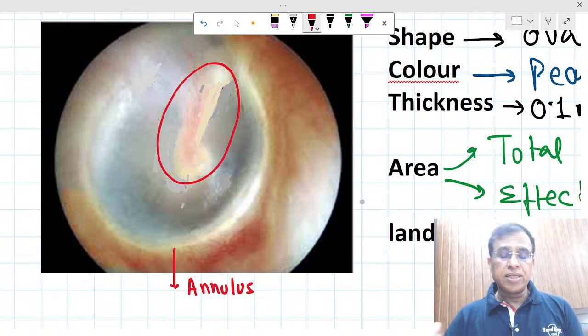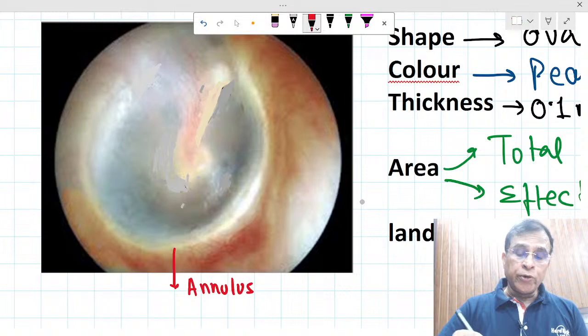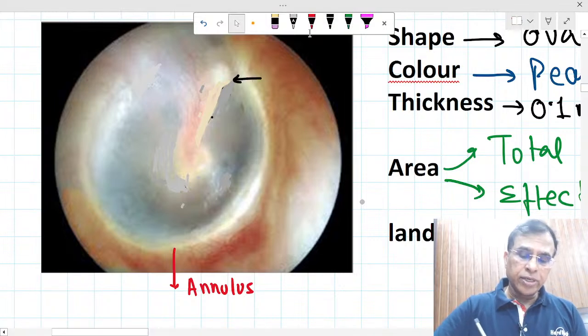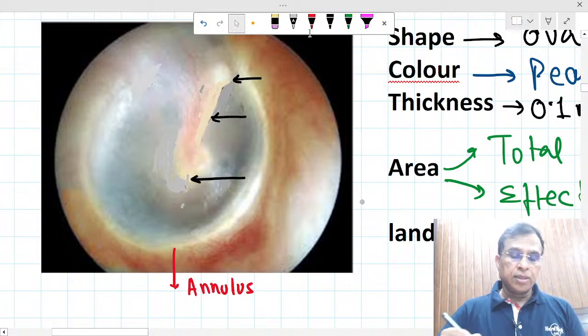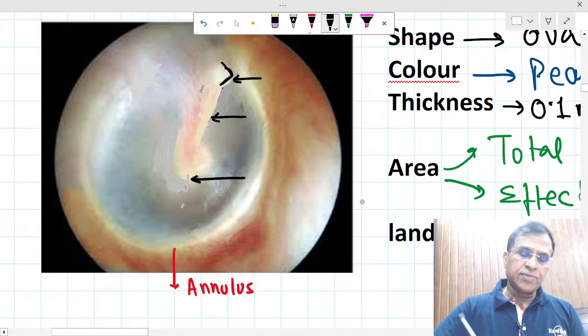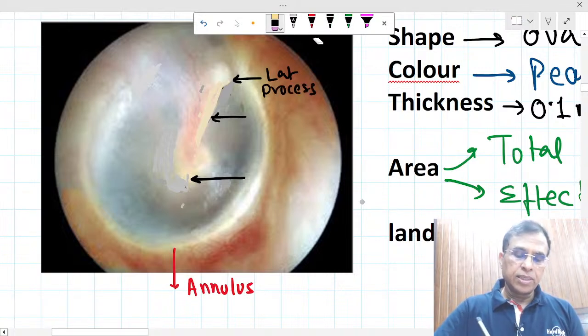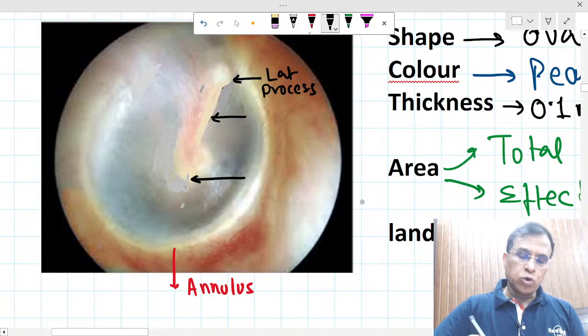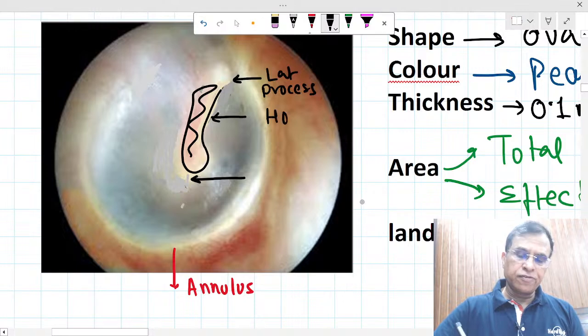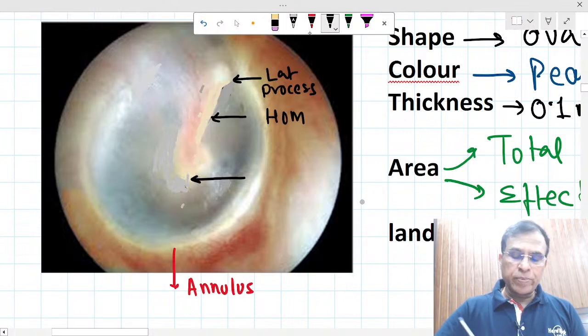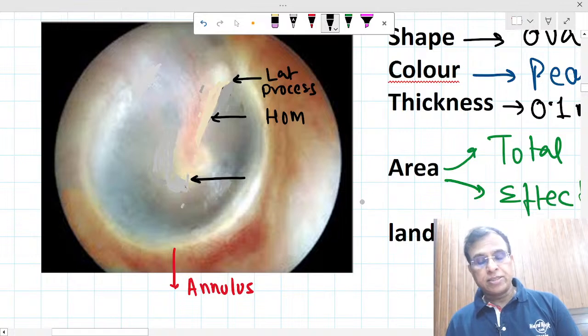So this is your malleus, and in this malleus you can see 3 parts. You can see this part, you can see this part, and you can see the tip point. This top part, which can be drawn like this, is called the lateral process of malleus. Then this whole thing is called handle of malleus. So if I write HOM in future, it is handle of malleus.